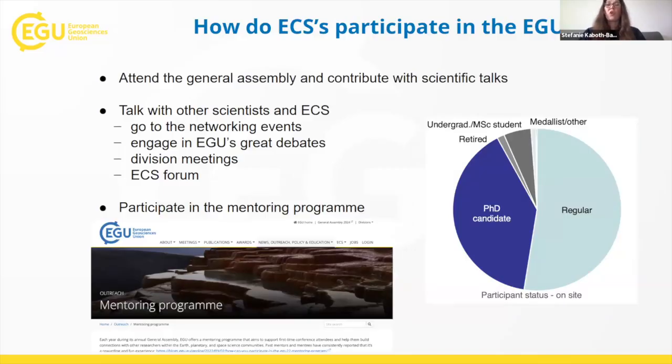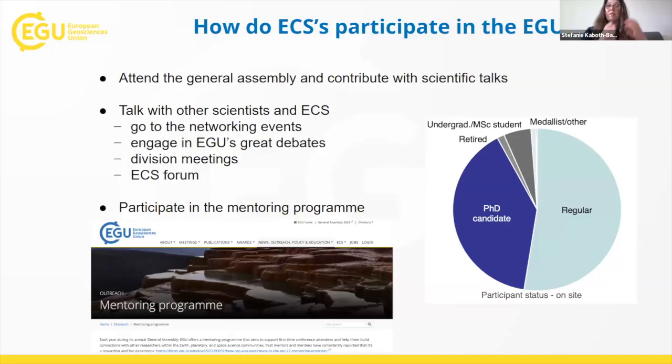But this contains a lot of very different things. So talking to other scientists, going to these networking events, engage in these great debates, go to the division meetings, also have your say as an early career scientist within the early career scientist forum. They're all different pathways on how early career scientists can participate in the EGU.